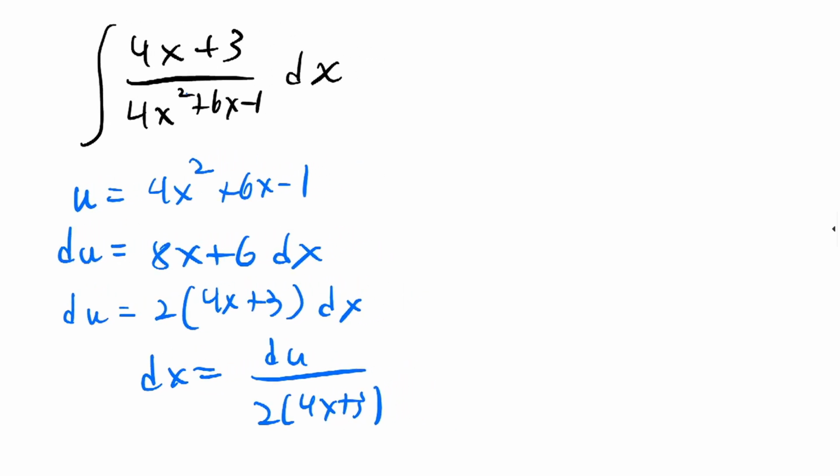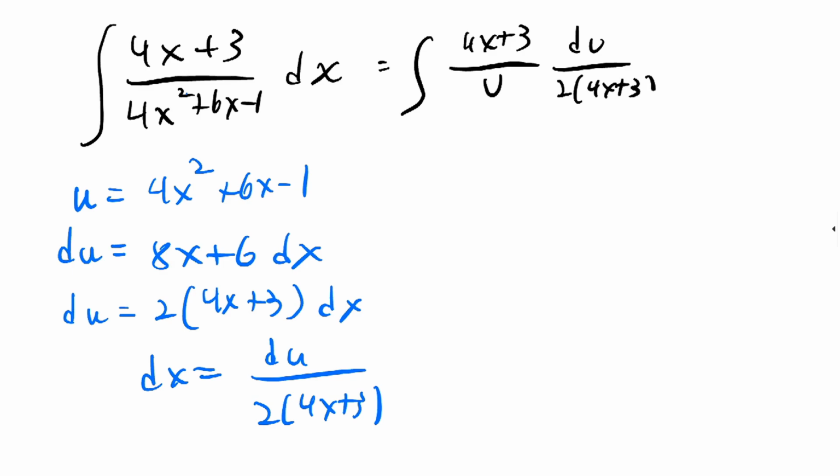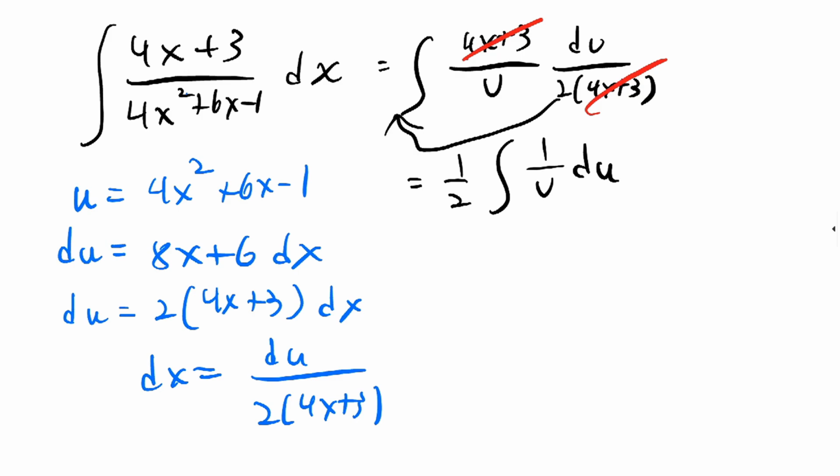Now when we substitute everything back in, we have the integral of (4x + 3) over u, times du over 2(4x + 3). Now we can cancel these out, and all we're left with is a half from the differential term. This is really equal to 1/2 the integral of 1 over u du, bringing the half out in front of the integral symbol.